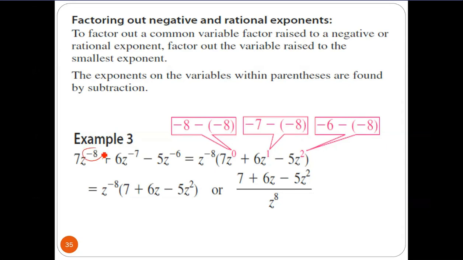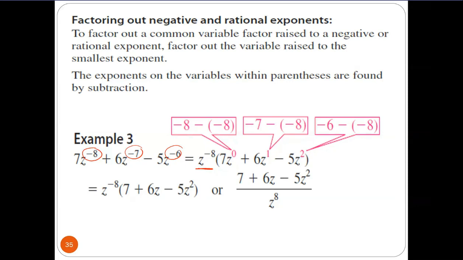Sometimes if we have negative exponents, look at negative 7, negative 8, negative 6. We also take the least exponent. What's the least exponent? Z to the power negative 8.